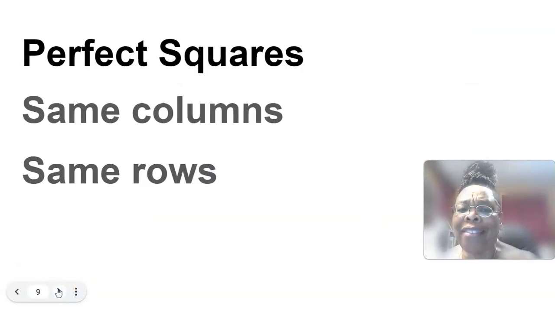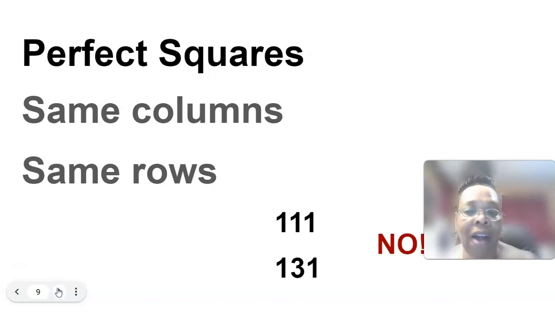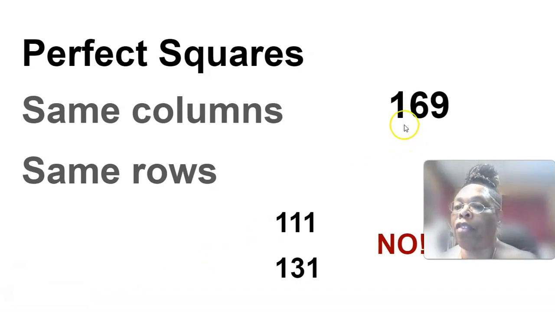Perfect squares have same columns and same rows. 111 and 131 are not perfect squares because they do not have same columns and same rows. How do you find out? Look for the radical button. For instance, 169. Put it under your calculator, under the radical.